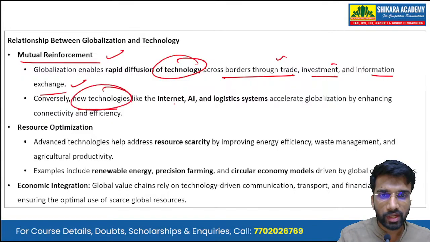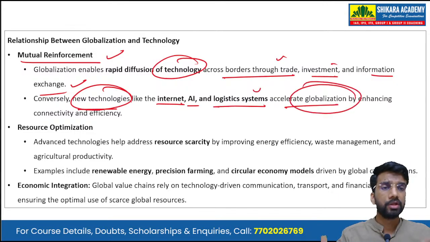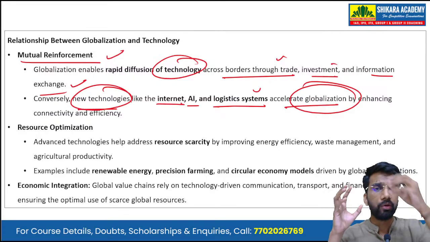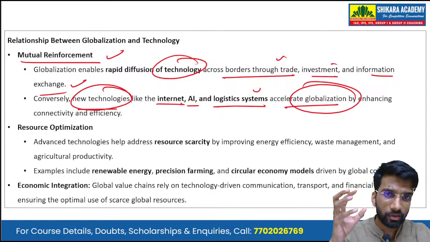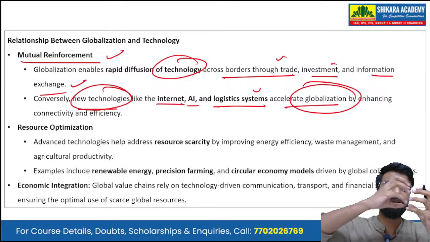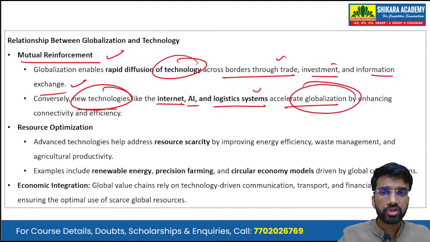Conversely, new technologies like the internet, AI, and logistics systems accelerate globalization. So it's a vice versa thing. It accelerates globalization by exchanging ideas, and it enhances connectivity and efficiency. So both go hand in hand.